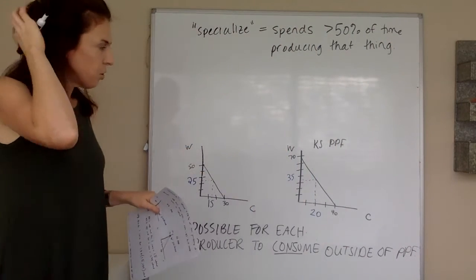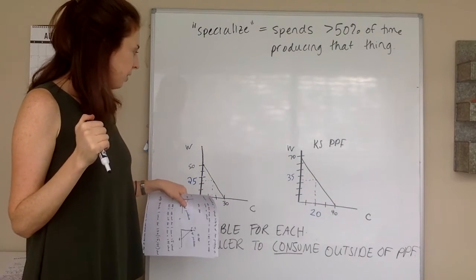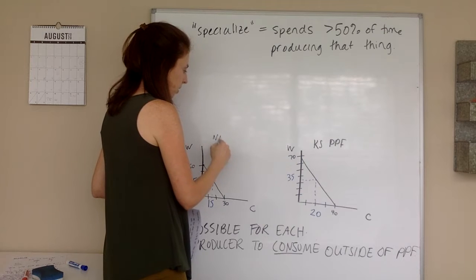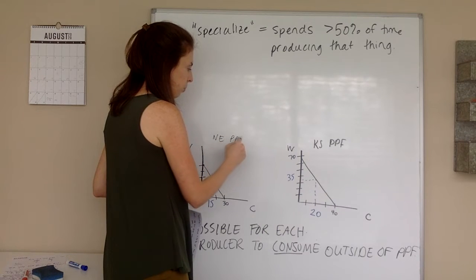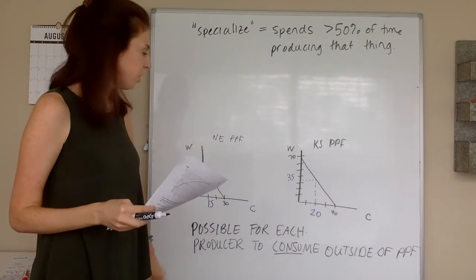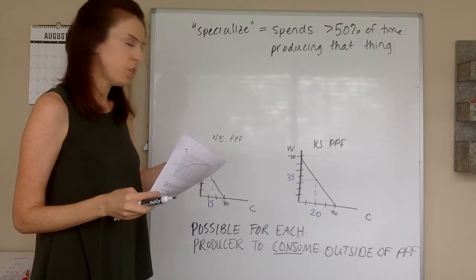One thing I want you to recall from last class. Last class we calculated the opportunity costs for each state and each good. And with the opportunity costs, we were able to figure out which state had the comparative advantage in each thing.